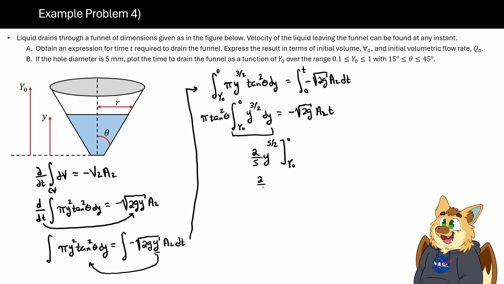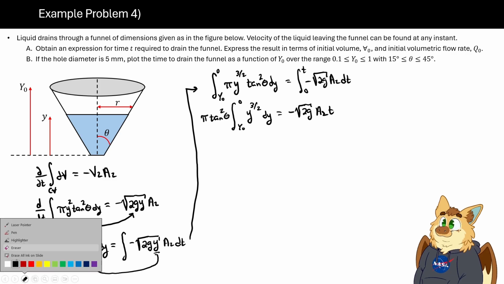This would then be 2 over 5 times 0 to the 5 over 2 is just 0 minus y naught to the 5 over 2. And you're left with negative 2 over 5 y naught to the 5 over 2. So that's what that integral ends up working out to. So I'm just going to erase this really quick. Feel free to pause if you need to understand where that came from.